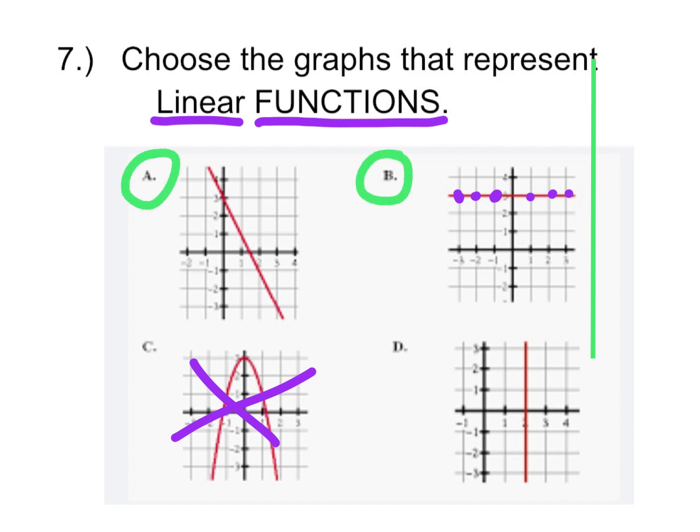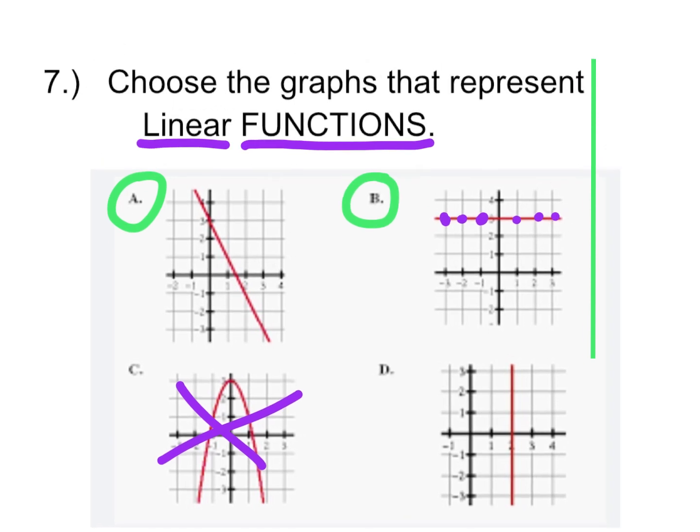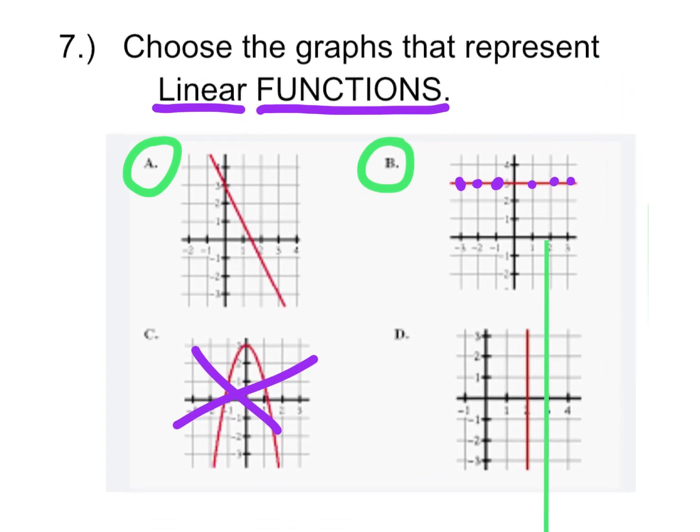Okay, now let's look at graph D. Let's see what happens here. When I do the vertical line test, the whole line shows up on the line that I'm pulling across. This does not pass the vertical line test.